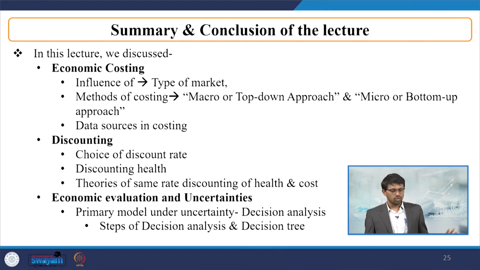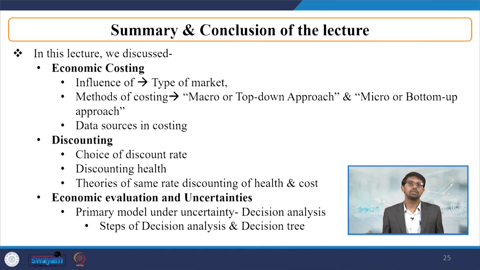So far we have discussed all sorts of things. I am just giving you a summary and leading you to a conclusion of this lecture. In this lecture we discussed economic costing, we emphasized the role of the market, and there are two types of costing method, usually top down and bottom up. Usually the bottom up is most preferred in disaggregated settings, and even for program evaluation purposes.